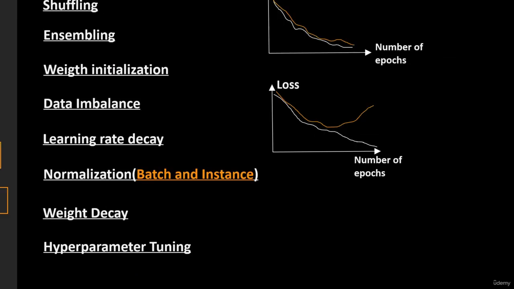But now for an overfitting model, we see that the training loss keeps reducing, as does the validation loss at the beginning of training, but we get to a point where the training loss keeps reducing, whereas the validation loss starts increasing. This simply means that from this point, the model is no longer learning anything new from the data.